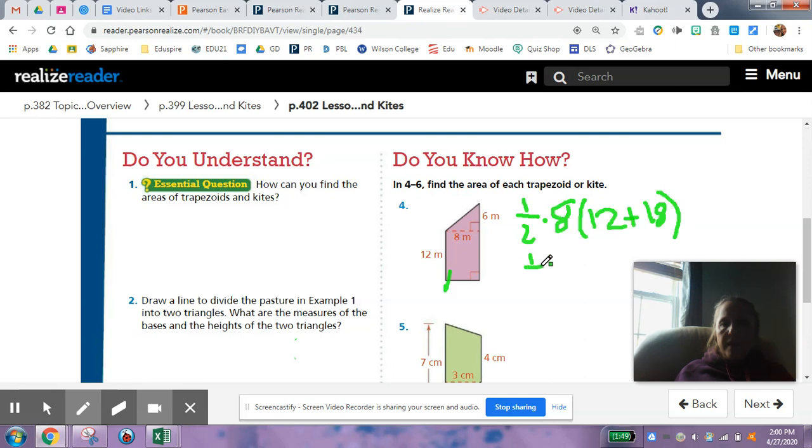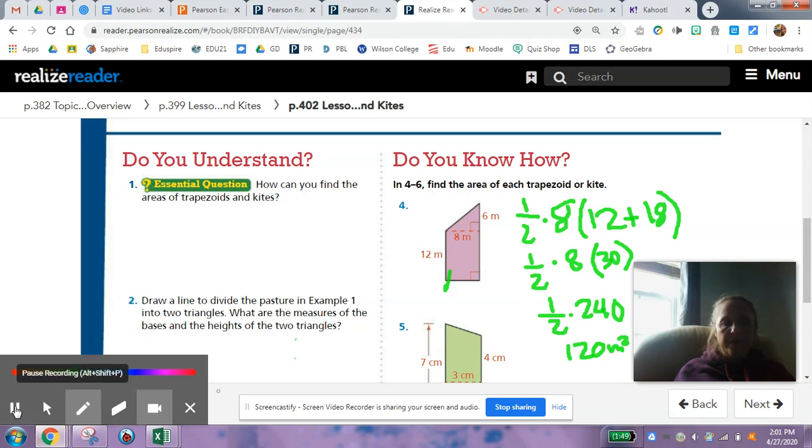So that gives us 1/2 times 8 times 30. So I'm going to say 1/2 times 8 times 30, which is 240. And 1/2 of 240 is 120. And so the area for that trapezoid is 120 meters squared.